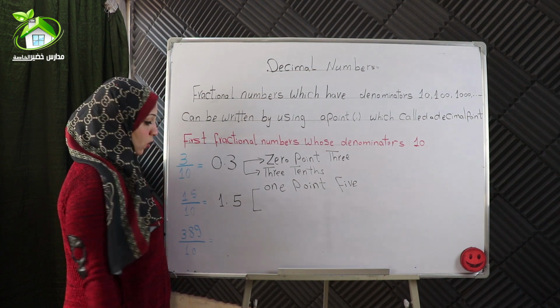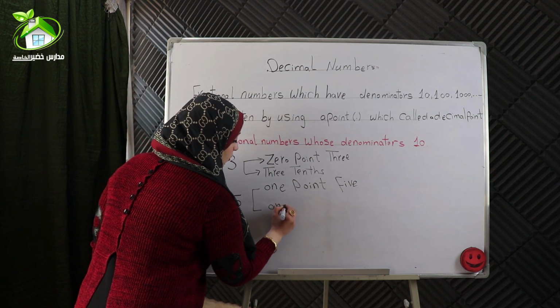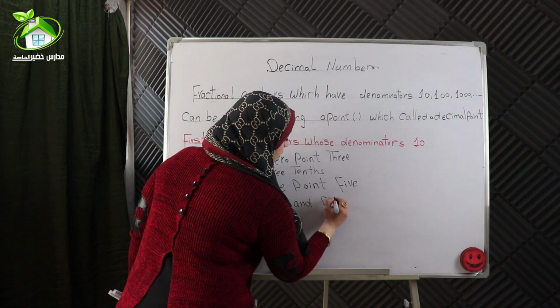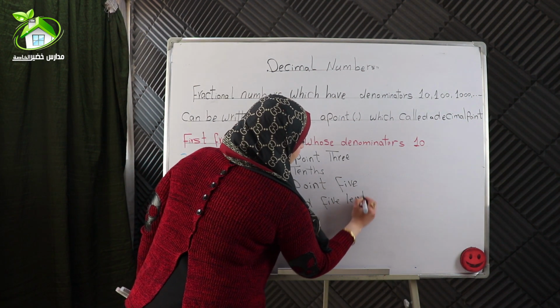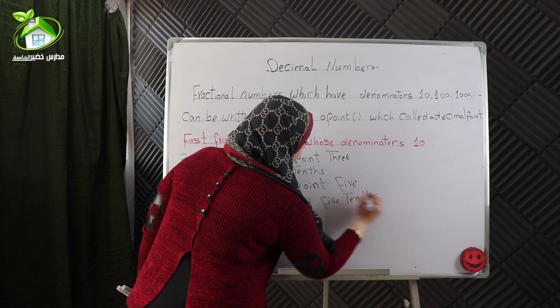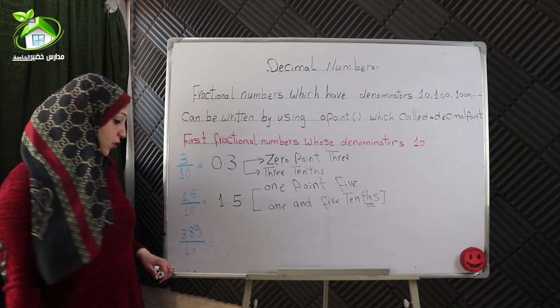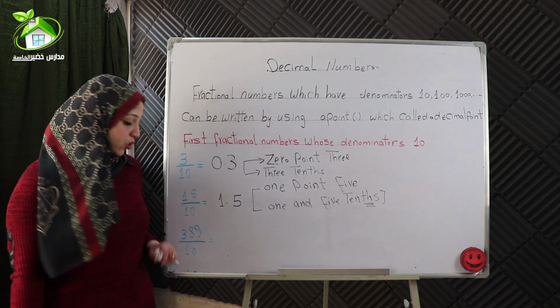The second method, 1 and 5 tenths. Don't forget th.